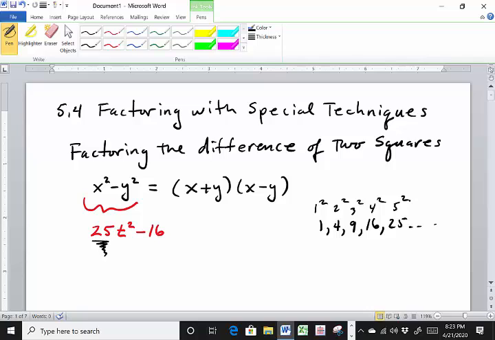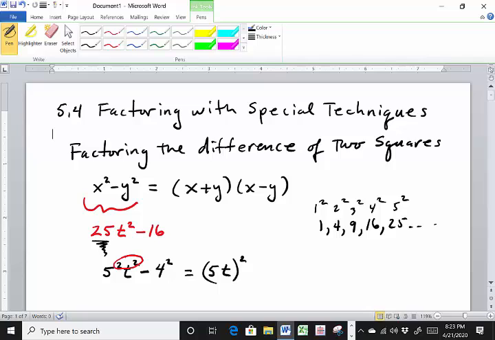So you should notice that 25 is a perfect square, so we can write this as 5 raised to the second power, and then we have our t squared, subtract, and then 16 is a perfect square. We can write that as 4 squared, right? So since both of these are raised to the second power, we could actually write this as 5t raised to the second power.